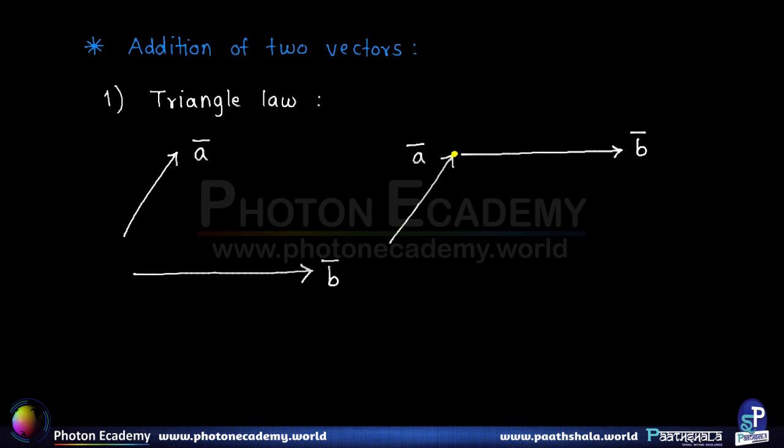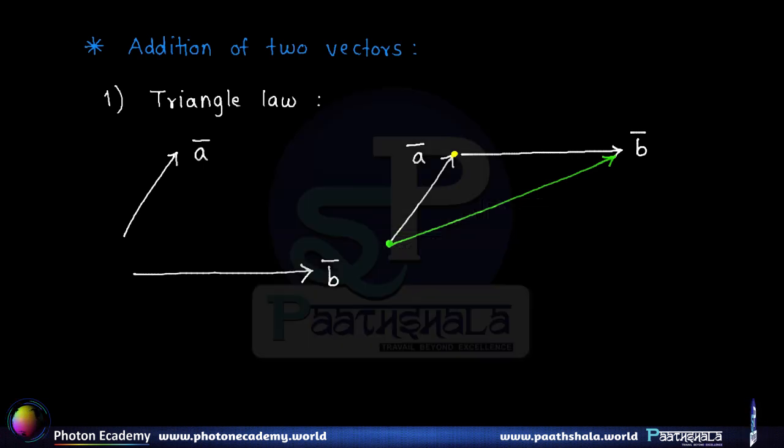And at the end, starting with the initial point of the first vector, we join it to the terminal point of the second vector. So it looks like we have completed a triangle, and this third side is precisely the addition of the two vectors, a bar and b bar.